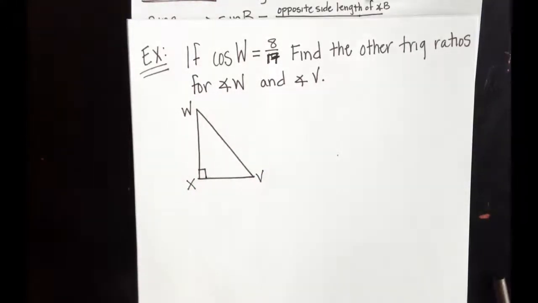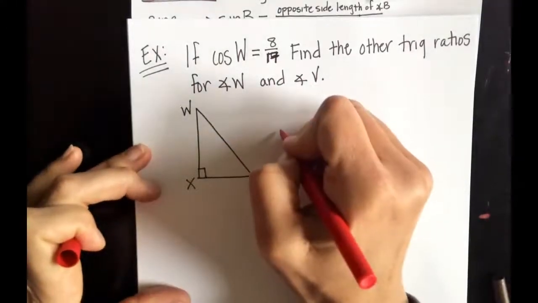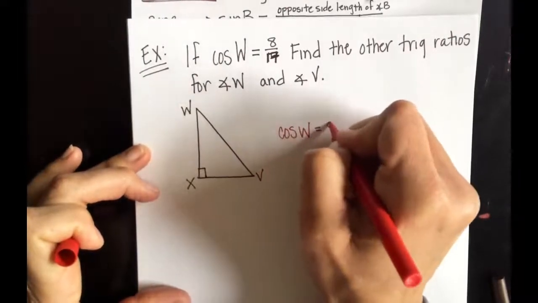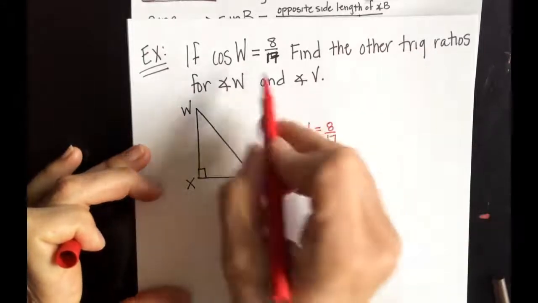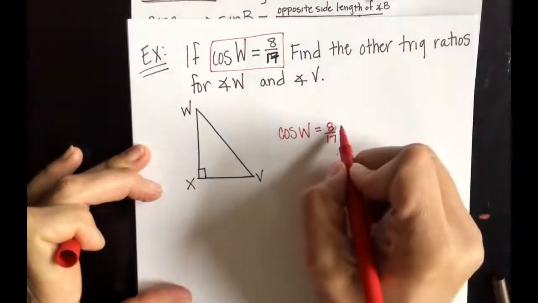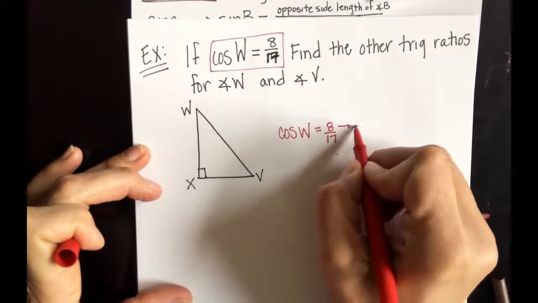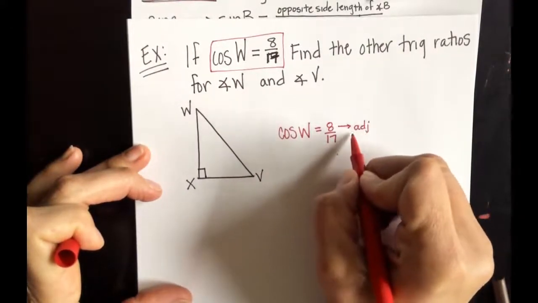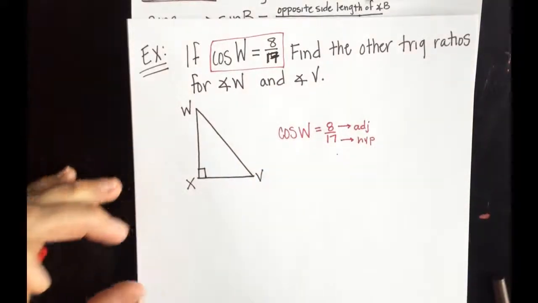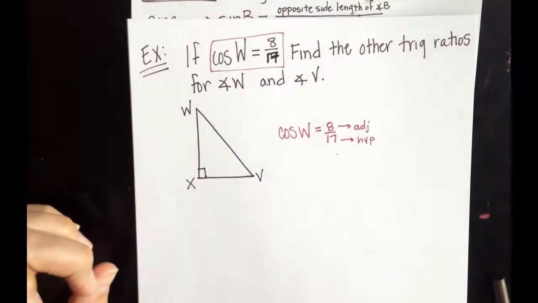So the problem said that cosine of angle W was 8/17. I know that the definition is adjacent over hypotenuse. That's the definition.